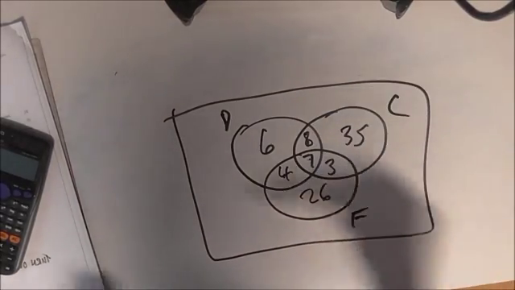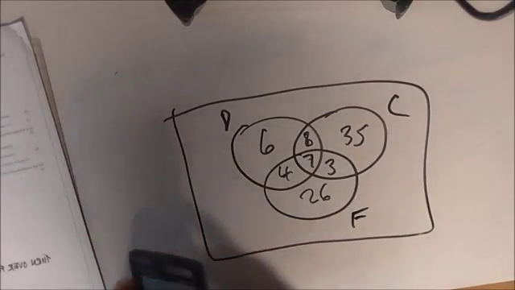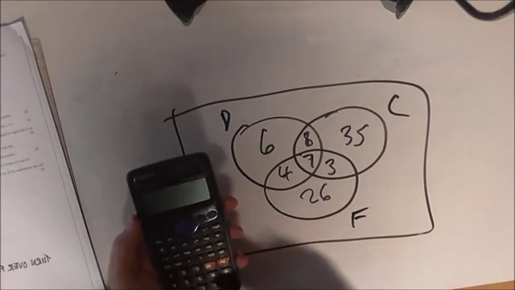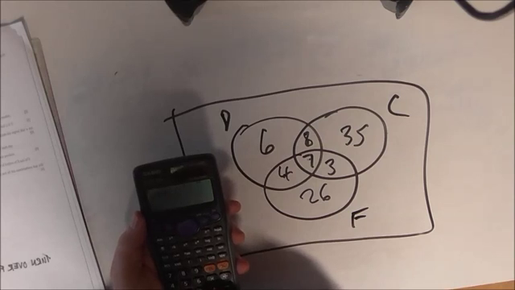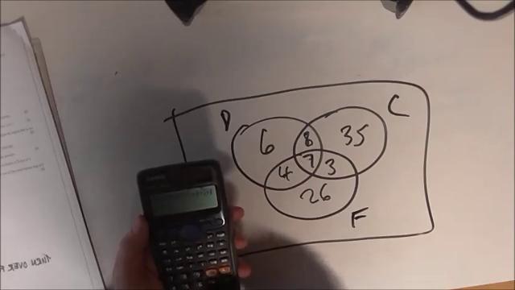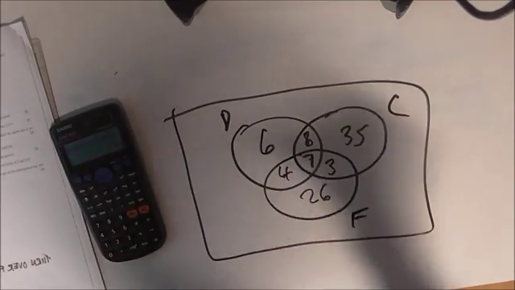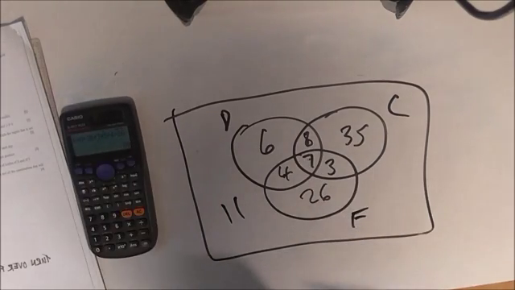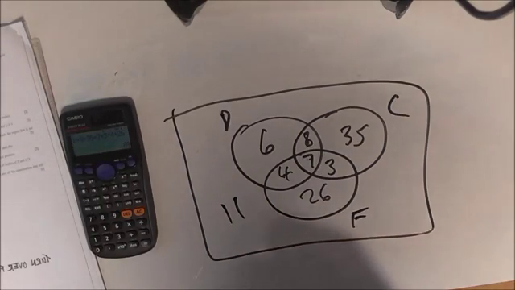There's no overlap between any of these numbers anymore, so if I add them all up, 6 plus 8 plus 35 plus 7 plus 3 plus 4 plus 26, that's 89, so there must be 11 outside. So I was right, there are some people who don't own any of those particular animals. So that's the Venn diagram.